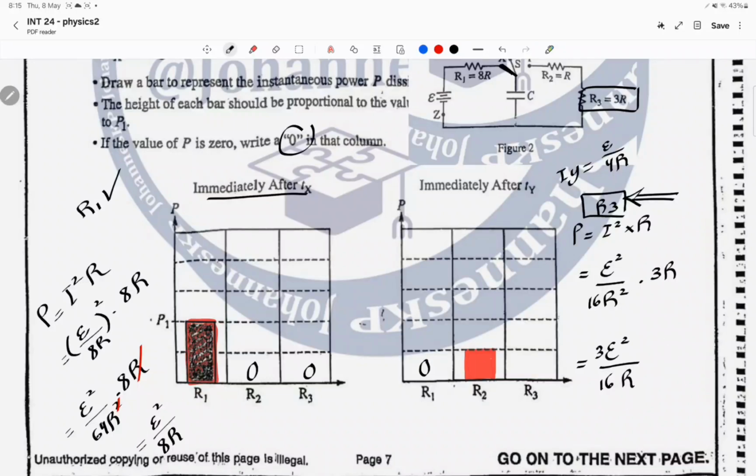Which one is bigger? 3 over 16. Think about this guy here was EMF squared over 16R. This guy here is going to be 3 times that. So it's 3 bars. Like this. And now we took care of it, right?